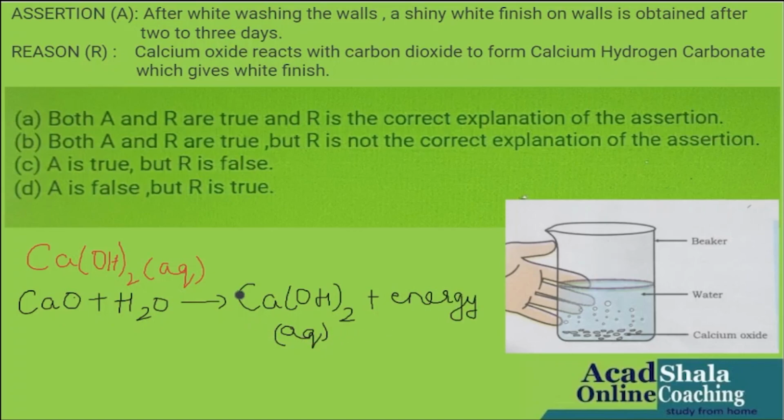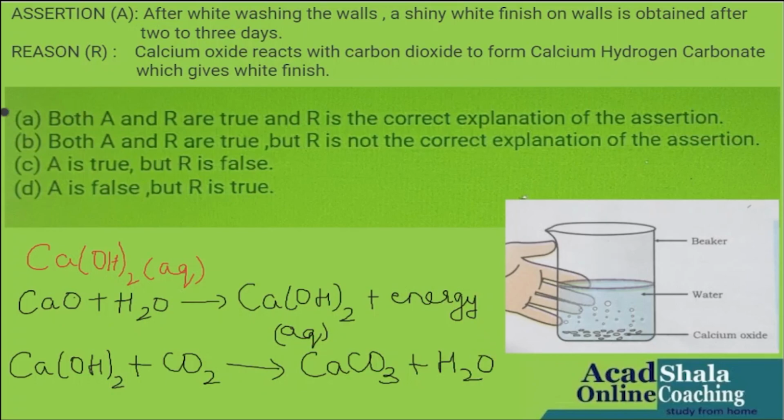Okay. And then they say after 2 or 3 days, what will happen? This calcium hydroxide, which was formed, will react with carbon dioxide in the atmosphere, and the product formed will be calcium carbonate plus water.